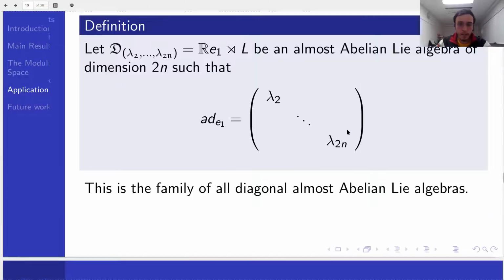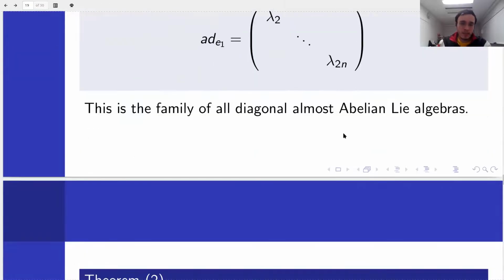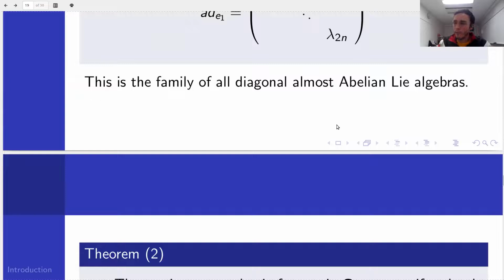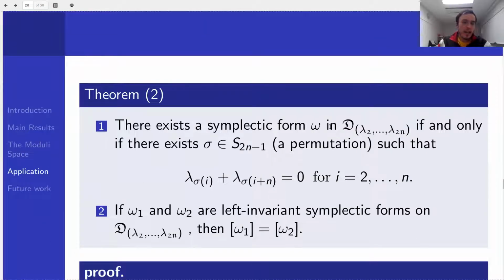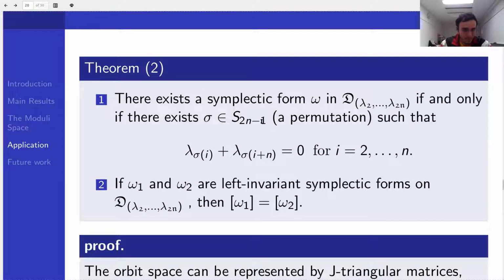When we use the same idea, that is, study the moduli space, get a nice set of representatives, then get some Milnor frames, and then check which orbits correspond to closed two-forms, we obtain this. The first one is a condition on the parameters for the existence of a symplectic form.